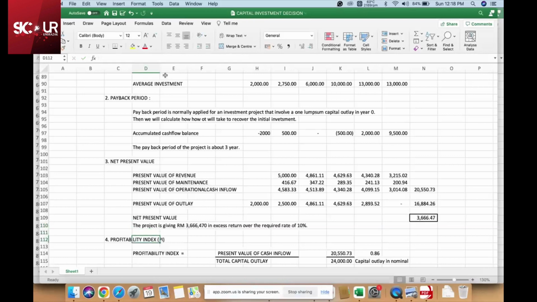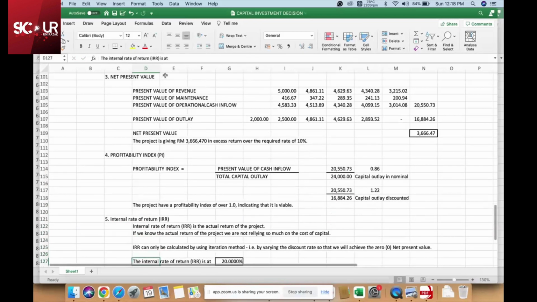Okay, now we go into profitability index. The profitability index is calculated as the present value of cash inflow divided by the total cash outflow.